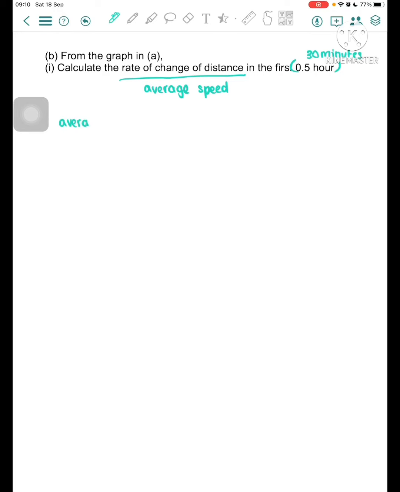Average speed is equal to total distance over total time. It said calculate the rate of change of distance in the first 0.5 hour.